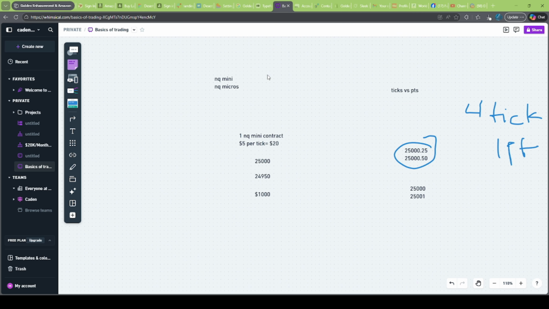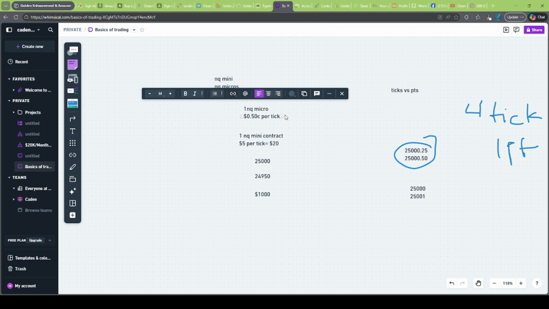So one NQ micro is going to be 50 cents per tick.